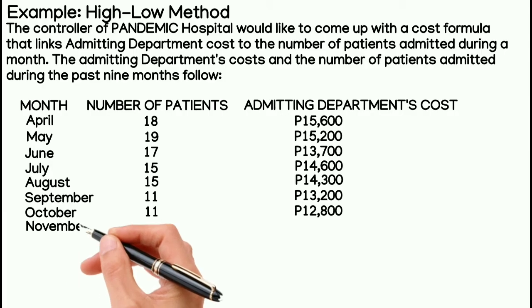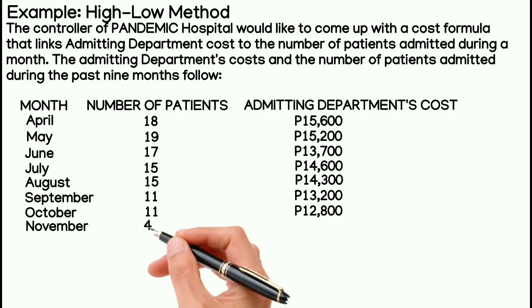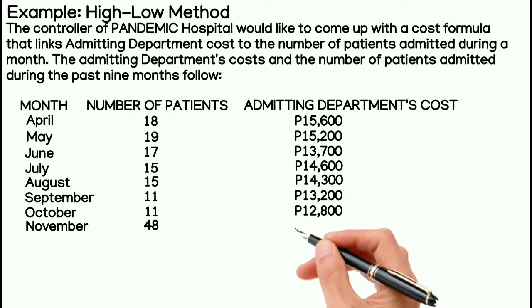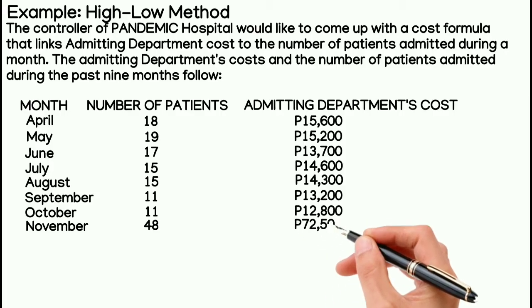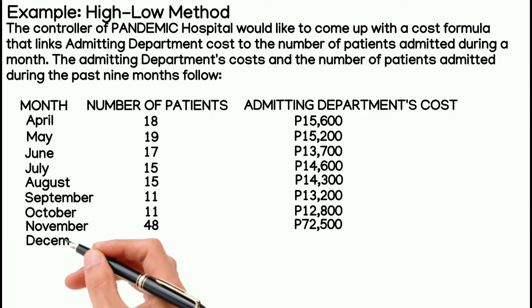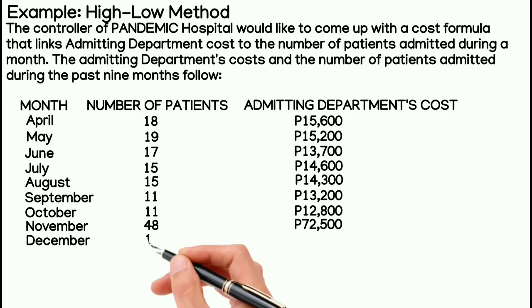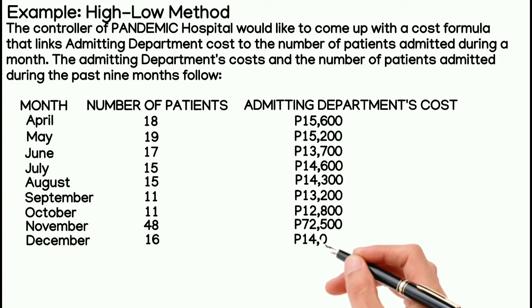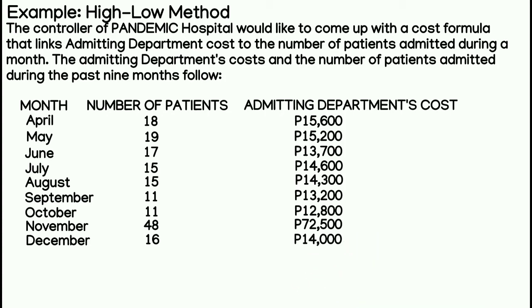For the month of November, the number of patients is 48 and the admitting department's cost is 72,500 pesos. And for the month of December, the number of patients is 16 and the admitting department's cost is 14,000 pesos.